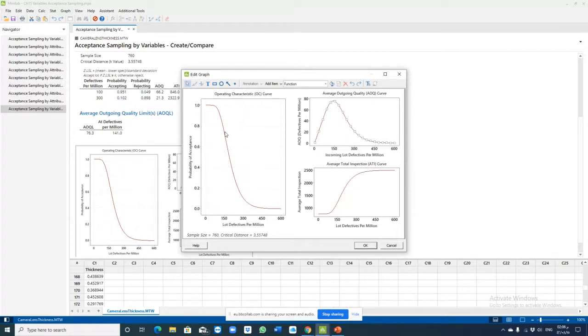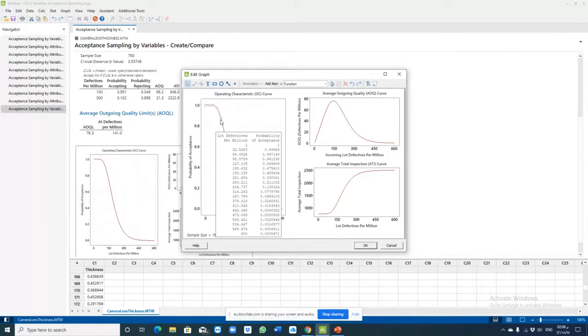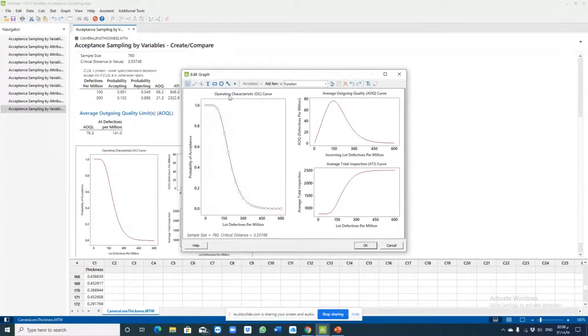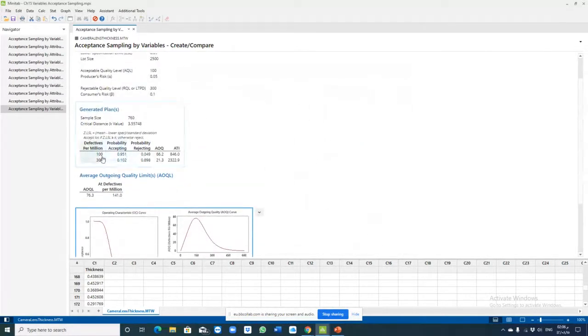And if it asks you about the probability of acceptance based on the defective per million in the lot, we will do the same as we did in the previous example. We will use the operating characteristic curve versus the probability of acceptance. Again, the AQL, the acceptable quality level, is 100 defective per million.